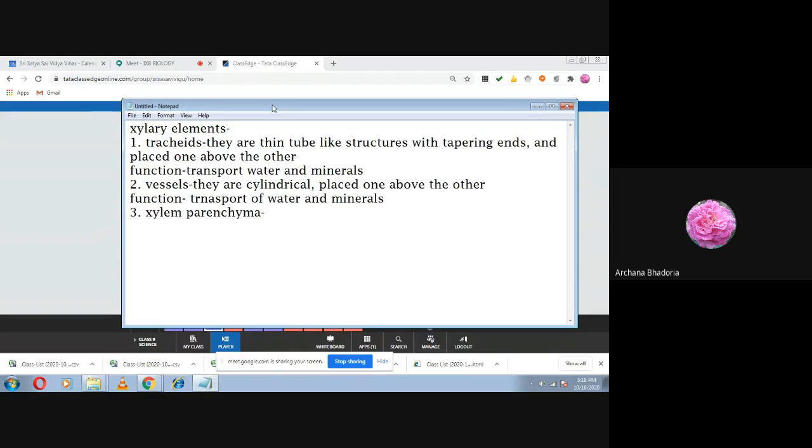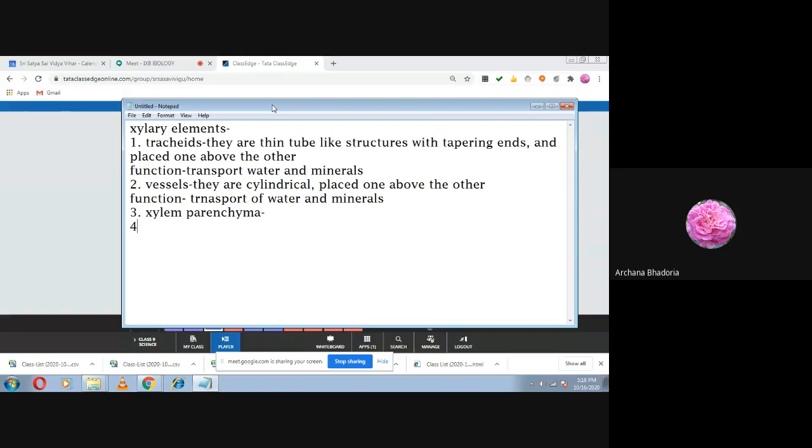So the same structure you will find in these parenchymas which are associated with the tracheids and vessels. Here they will help in the same process, that is storage of food. So you can write down, they help in storage of food.